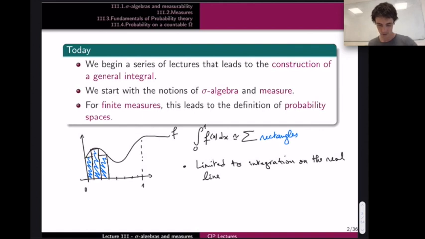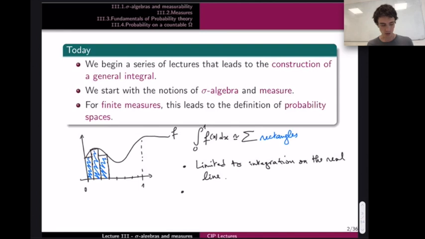This is the first limitation, and another one is that you're also very limited in the functions that you are able to integrate. The functions you can integrate with the Riemann integral are very roughly the piecewise continuous functions. You can do slightly more than that, but not much more general than this. In fact, you can have many examples in mind of functions which are non-continuous and which you would like to integrate, in particular in probability, because like I said, we will put probability theory in the framework of measure theory.